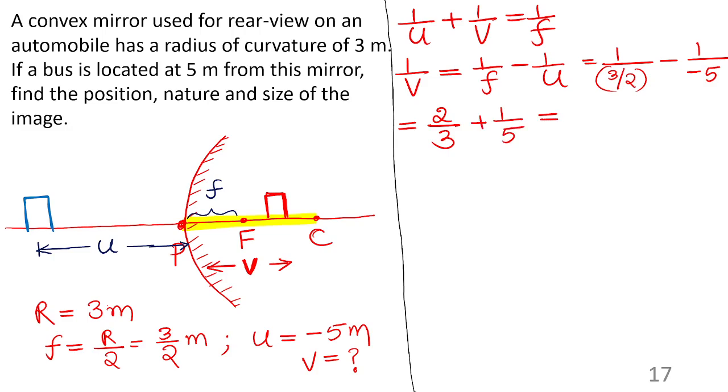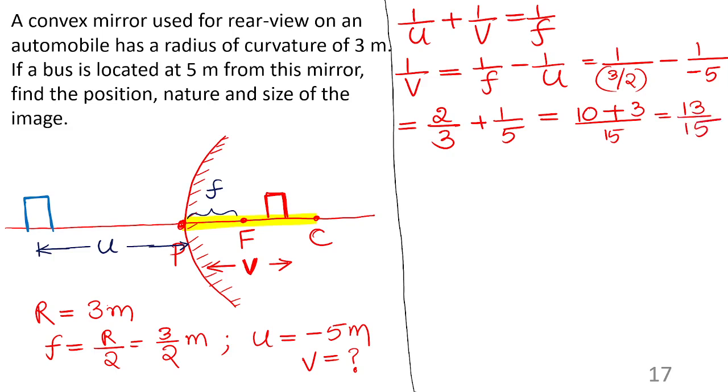You know how to add them. Do the cross multiplication. 2 into 5, 10. 1 into 3, 3. 3 into 5, 15. We got 13 by 15.